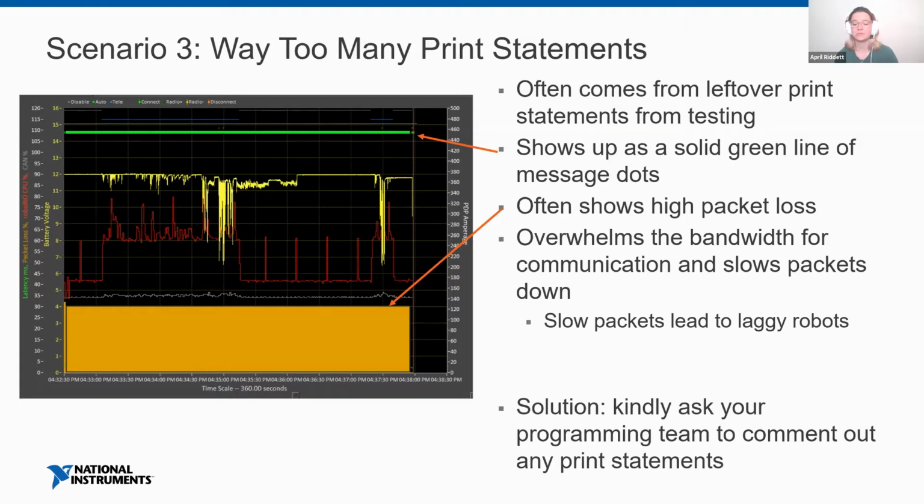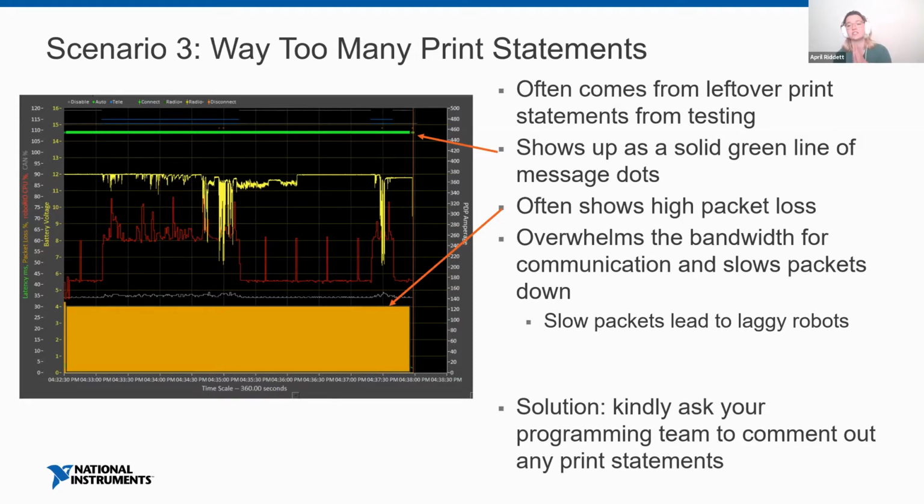When the packets are being sent, it's impossible to tell whether it's a message or a command or what is being sent, and so they all get kind of equal priority and are sent first in, first out. As the packets are generated, they get sent. What happens when you're generating way too many packets is that your control packets, which are your joystick commands to your robot, get lost in the shuffle. And so these slow packets are leading to your robot being laggy.